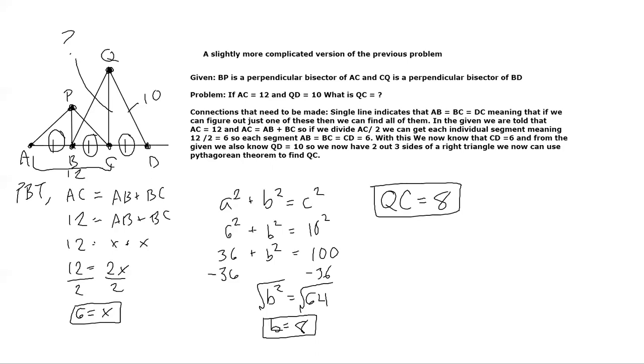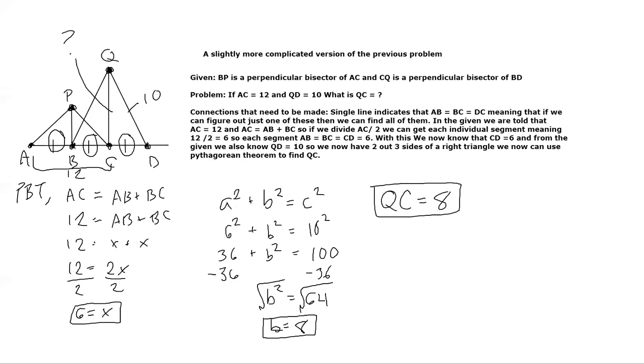So what I have here is that AC is equal to AB plus BC. And we happen to know that AC is 12, which is why I replaced AC with 12 in that equation, equal to AB plus BC. But we don't know what either of those are, so I'm going to replace those sections with the same variable. Why? Because I know they're the same thing.